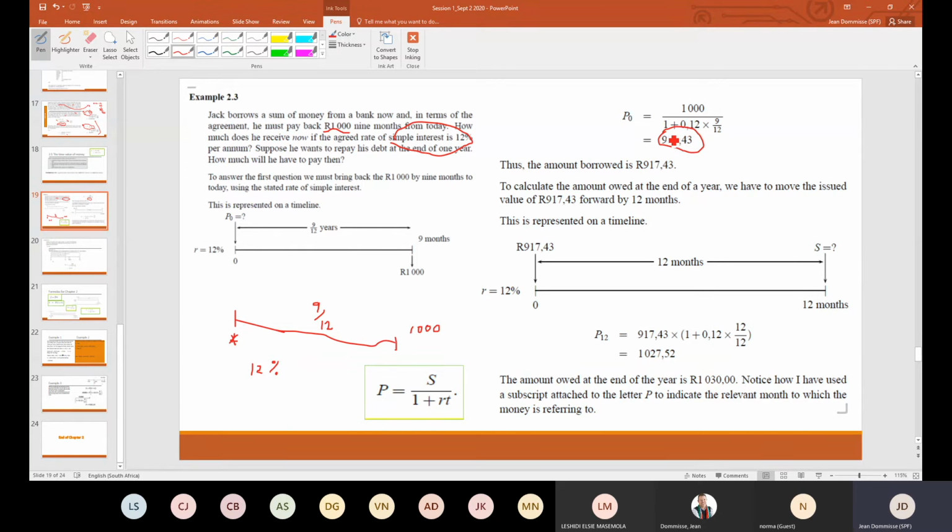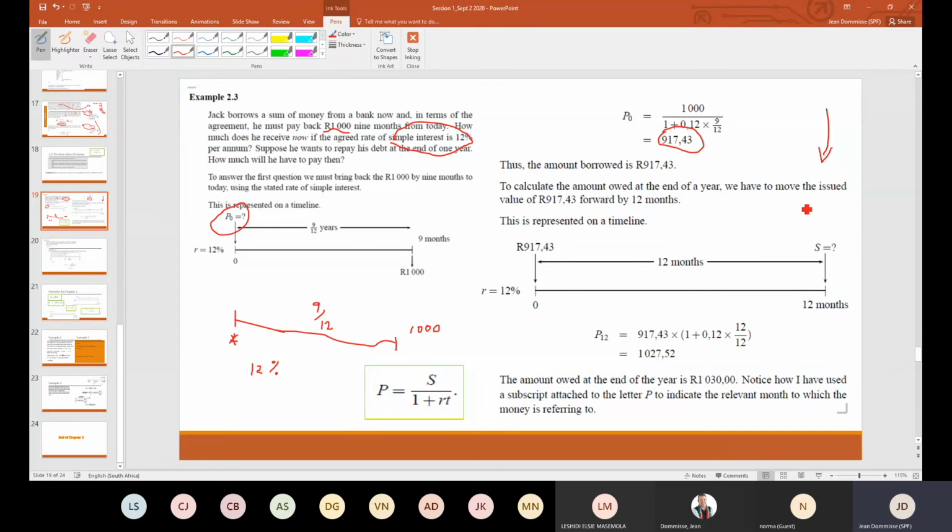So now again, very interesting. So that was the P0.